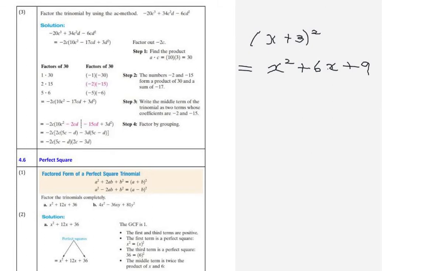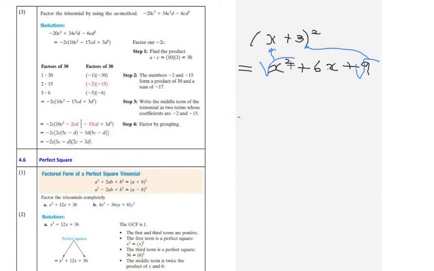So if we just do everything in reverse, then obviously the square root here must go there, because we squared it from there to there. And the square root there must go there, because we squared it from there to there.